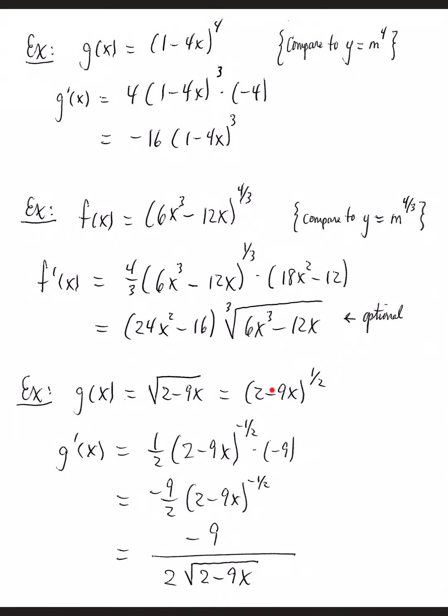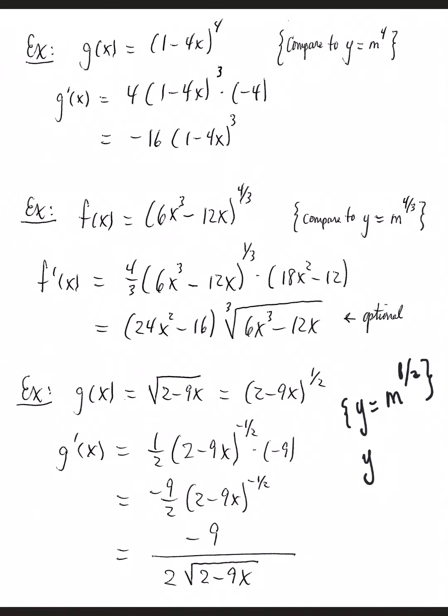What would we compare this to? That's right, you would compare that to y equals u to the 1/2. u is all that interior part, our exterior is a power of 1/2.